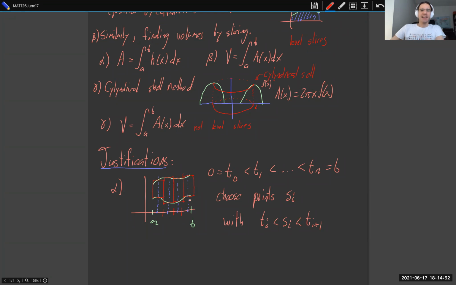Okay, you get the idea. And so this is going to be an approximation to the area.